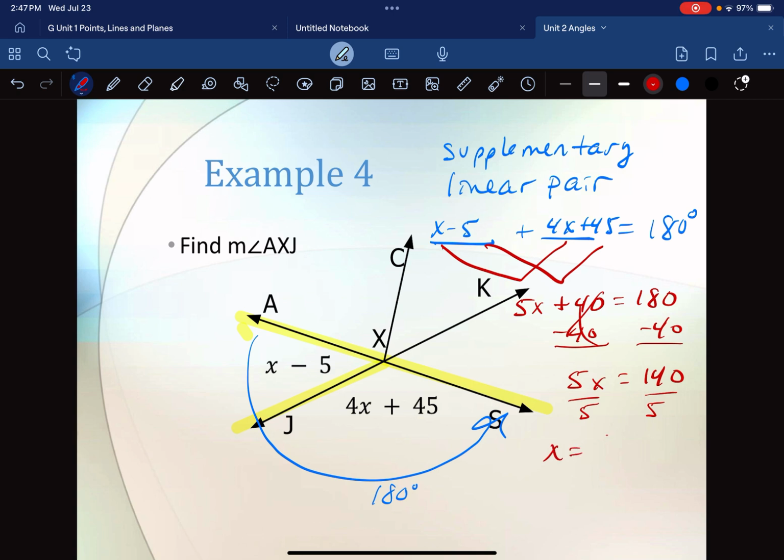And x is 28. But they want AXJ. Here's AXJ, x minus 5. So x is 28 minus 5 makes 23 degrees. Okay. So in that case, we had a supplementary pair or linear pair that we had to recognize.